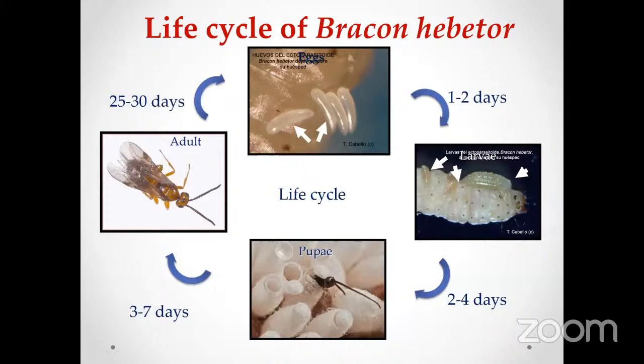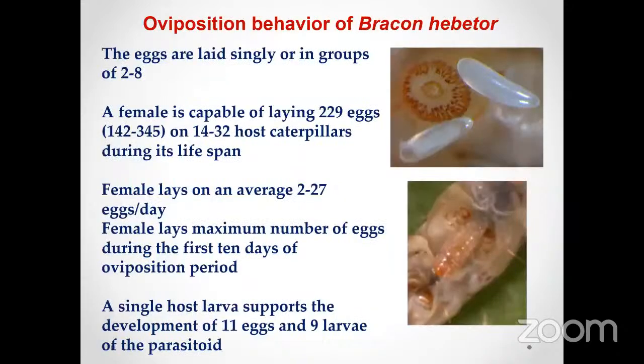So this is a gregarious parasitoid. In field conditions also, when we observe larvae attached with silken cocoons, that mostly belongs to the Braconidae family, parasitized larvae. A single female can lay up to 2 to 8 eggs, and a female is capable of laying around 229 eggs, with an average of 142 to 345 eggs.